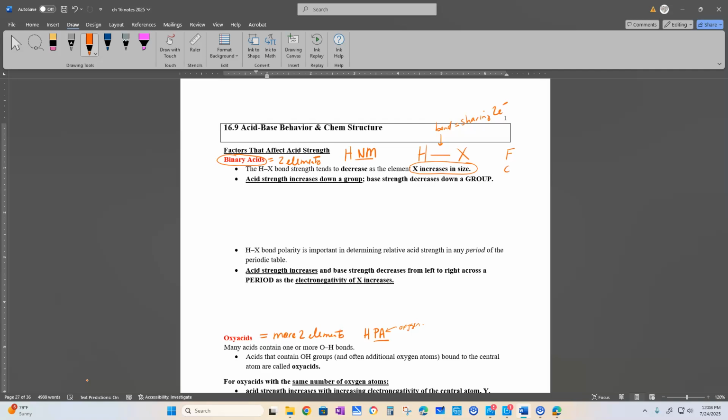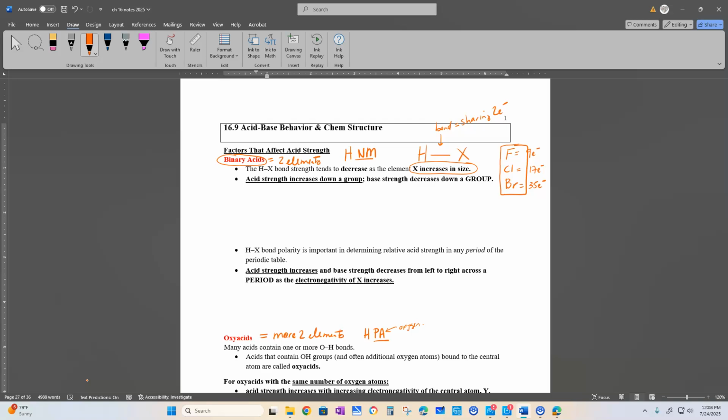So fluorine, chlorine, bromine, these are all sitting on top of each other. So you're looking at fluorine, that's got 9 electrons, and chlorine has 17 electrons, and bromine, I think at 35. Okay, the more electrons they have, the distance between that nonmetal and H gets bigger and bigger and bigger.